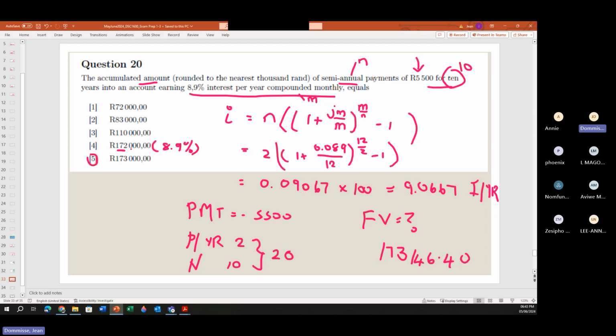And then the future value would have been 173,146. So it is very important to change that interest rate.